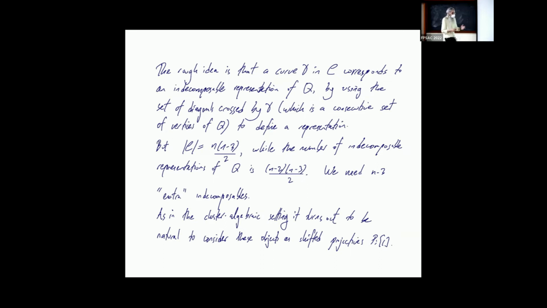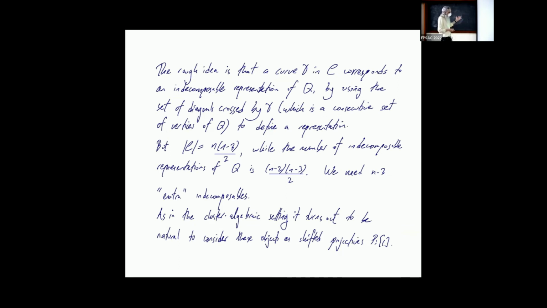For people who are used to this general setting, that might not seem like such a surprise, because it's exactly what you see in cluster algebras. When you're categorifying cluster algebras, whatever the rank is of your situation, you need to add that many extra objects. Typically they get described as shifted projective modules. To give them a precise meaning is really outside the scope of what I need to talk about.